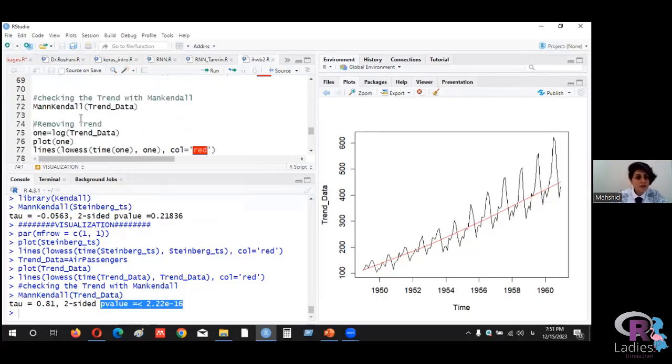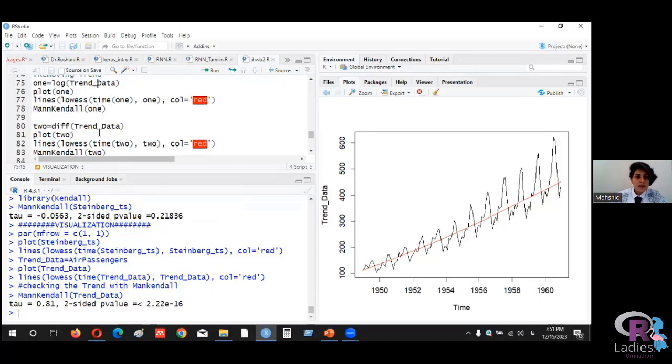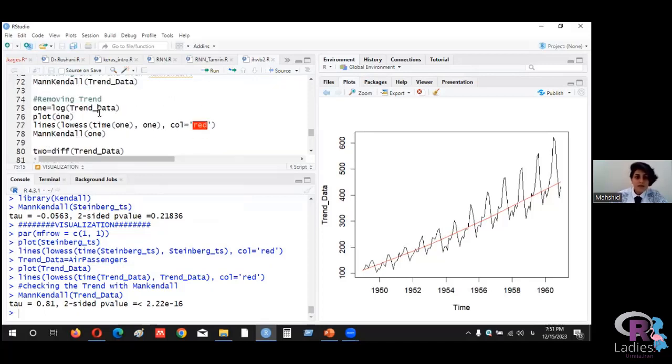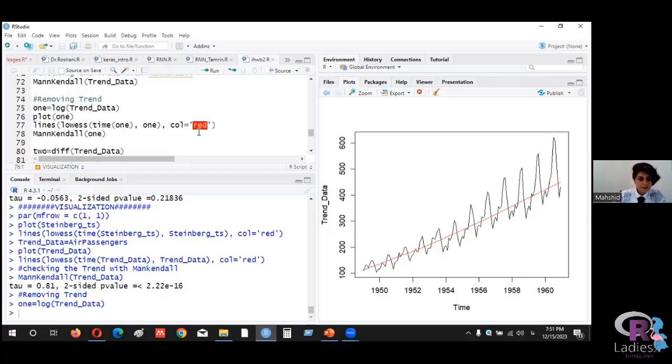Okay, so for removing the trend from the data, I've introduced two methods. The first one, and the most famous one, is taking the logarithm. I've called it one, and so it just easily applies the logarithm to the time series.